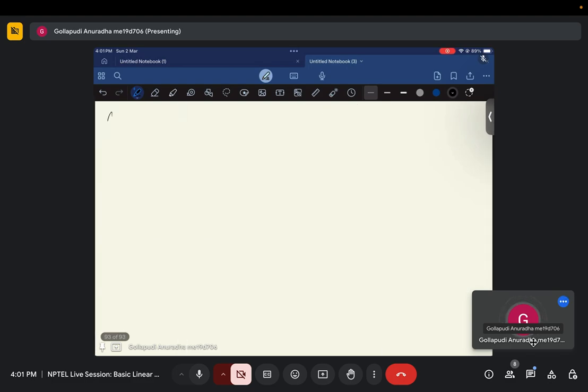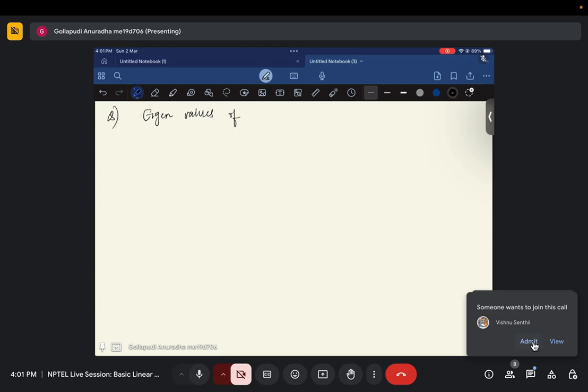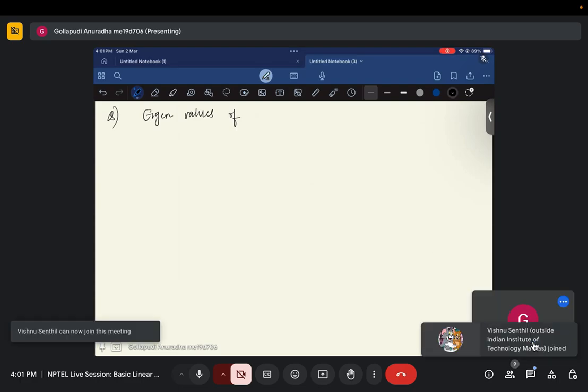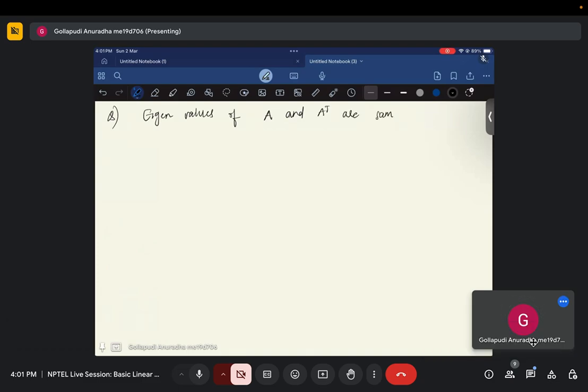Okay. So next question. Eigenvalues of A and A transpose are the same. True or false?